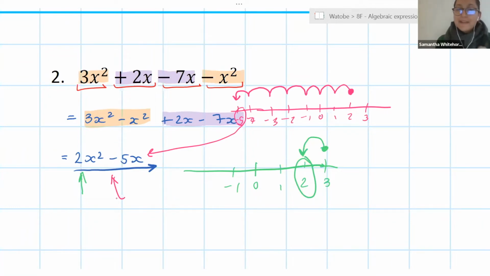And then the minus 5x we got from subtracting the 7x from the 2x. So 2x minus 7x is minus 5x. Just adding and subtracting or grouping our like terms. Okay. Right, so take a screenshot if you need. And let's have a look at our next one.